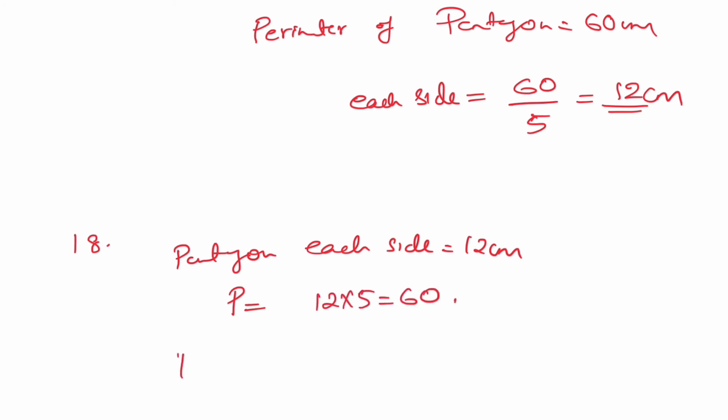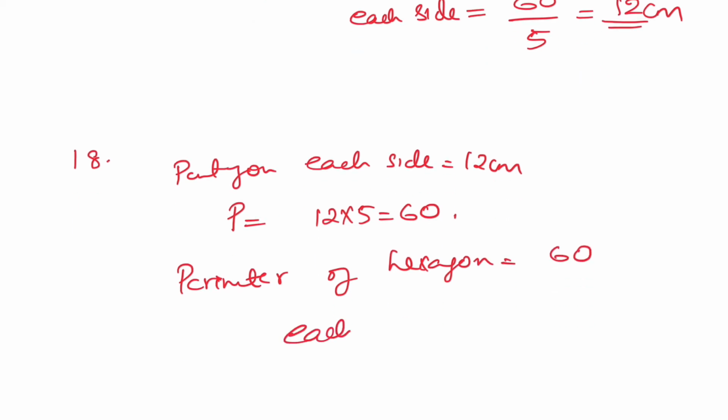Now what you have to find out? Find length of each side of a hexagon. Perimeter of hexagon is also 60. So each side of hexagon will be 60 by 6. That is equal to 10 centimeter.